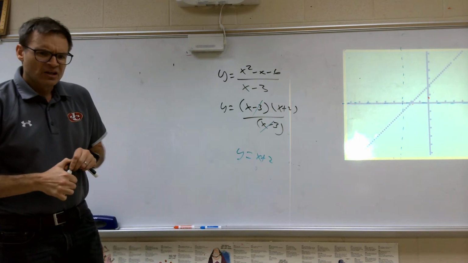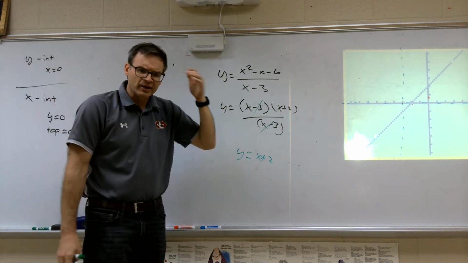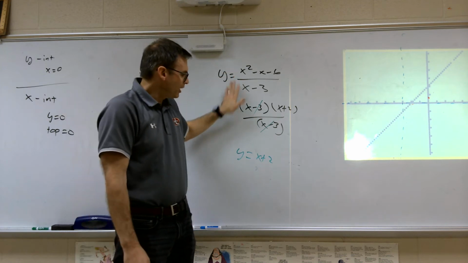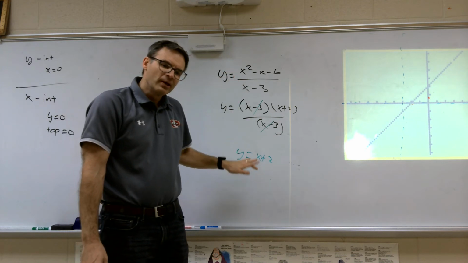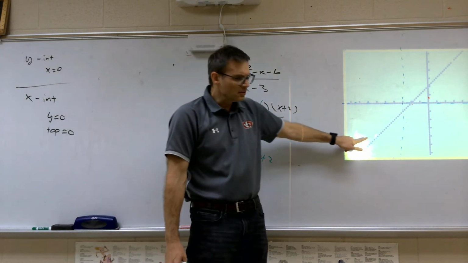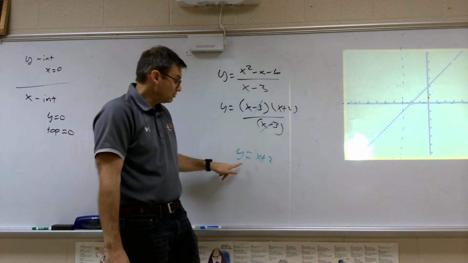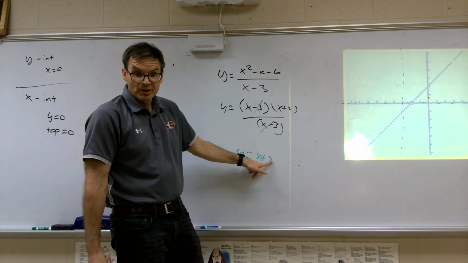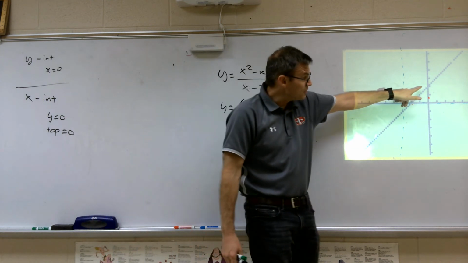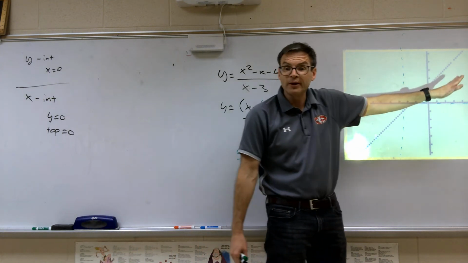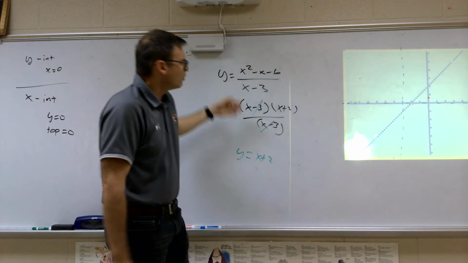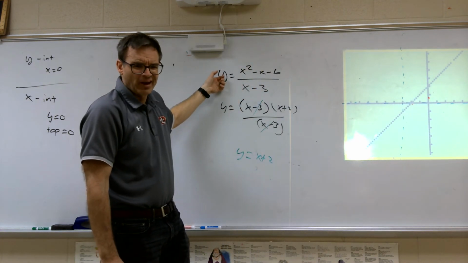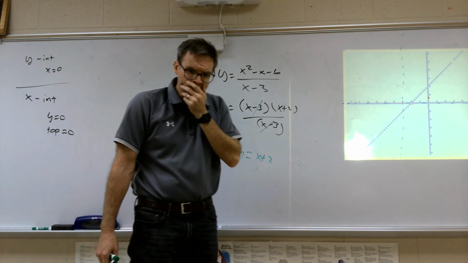So what looks like a really ugly graph, after we clean it up, ends up as y equals x plus 2. This graph looks an awful lot like this, doesn't it? This is just a line with a y-intercept of 2 and a slope of 1. So what I thought was going to be a really complicated graph just ended up being a line.